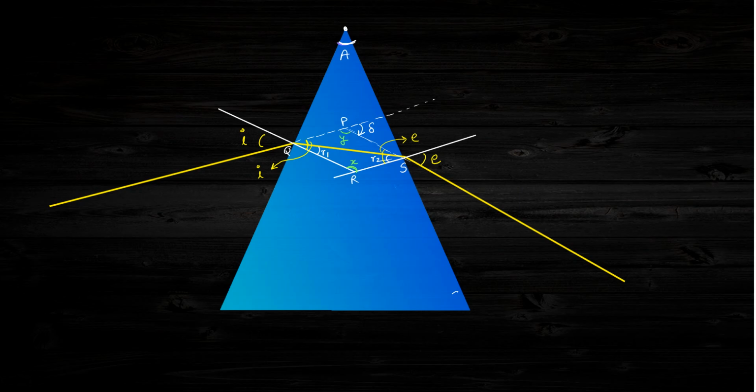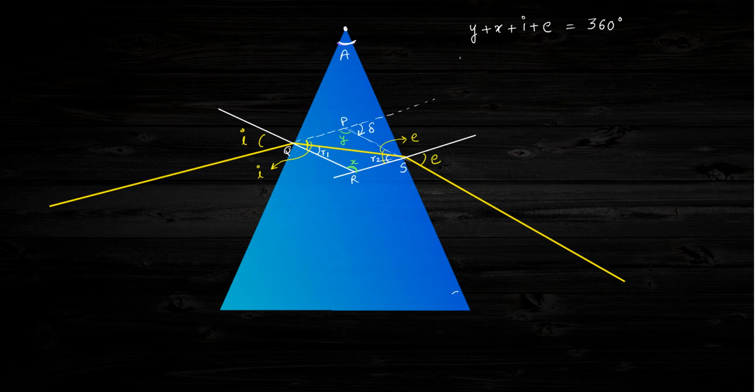So let's understand what are the internal angles. Here we have Y, here we have X, here we have I, and here we have E. So what we can write is Y plus X plus I plus E is equal to 360 degrees.